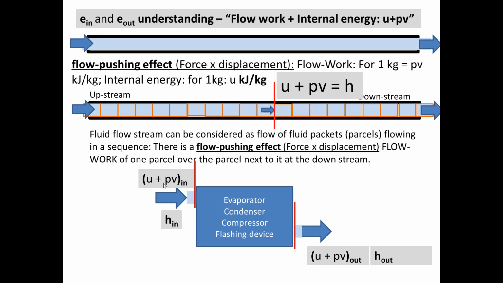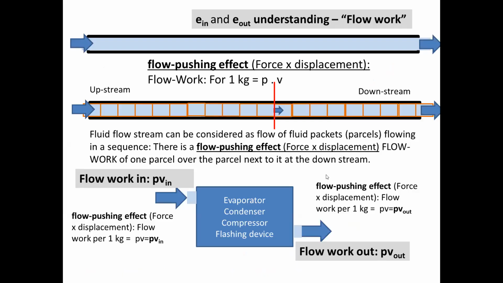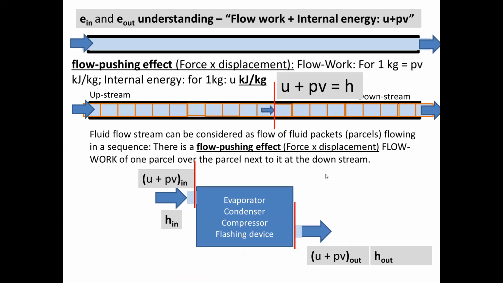Internal energy plus flow work in, internal energy plus flow work out. H is U plus PV. So in means H in, H out. So in this E, you should understand what H means. This is for 1 kg.